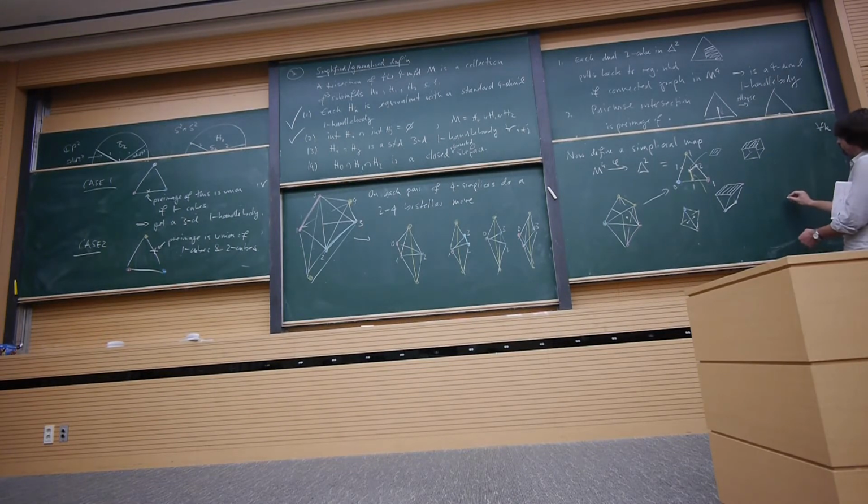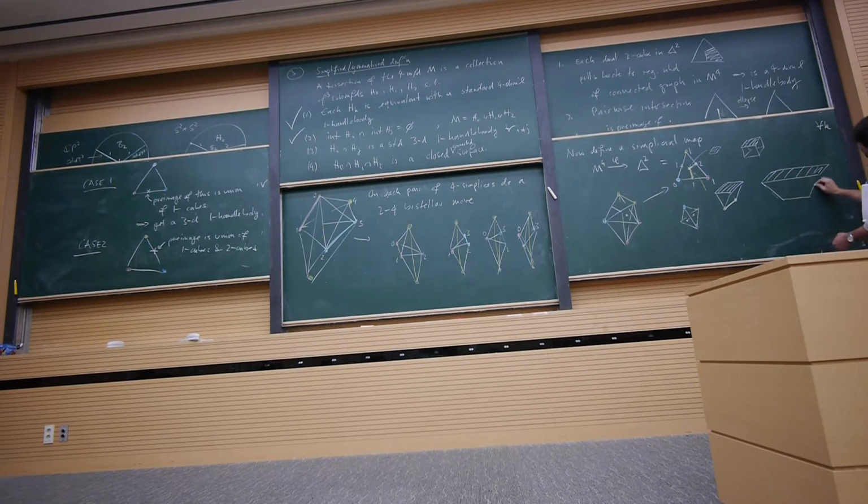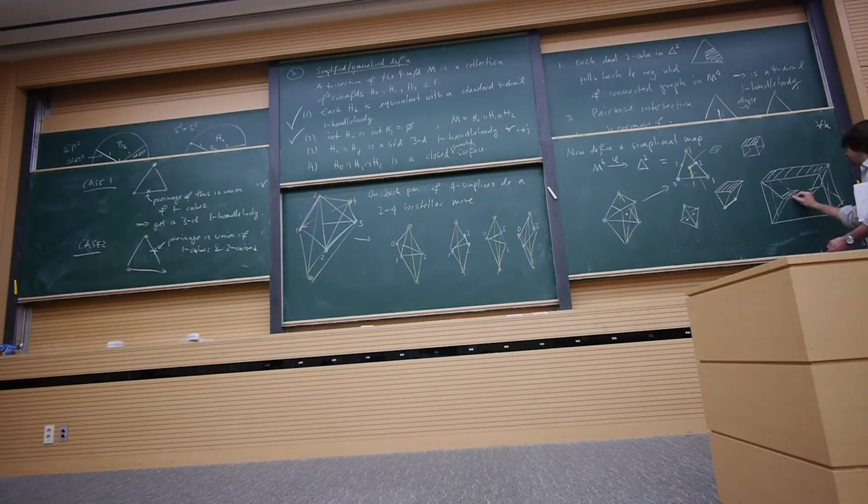Let's say you have one of these guys. And then it's followed by one of these guys. And then it's followed by one of these guys. And then it's followed by, whoops, one of these guys. And so this here is your spine.